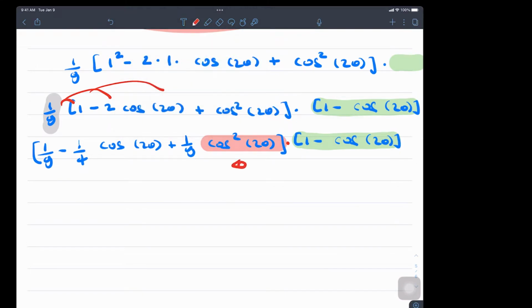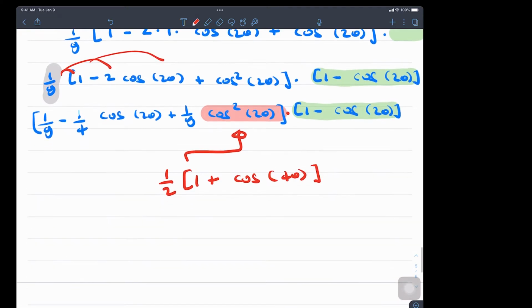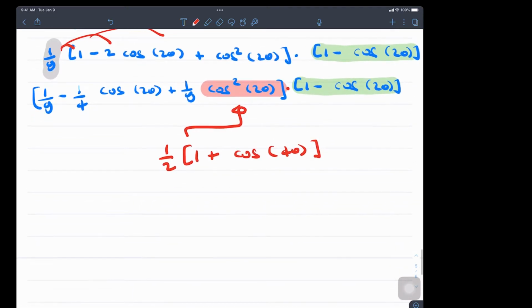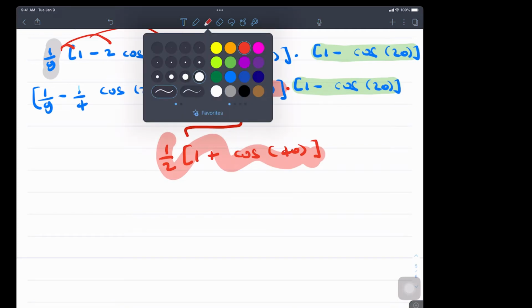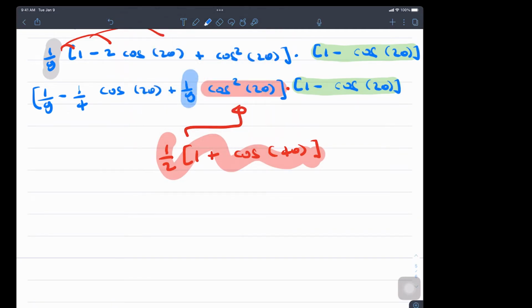What are we going to replace that with? 1/2 times 1 plus cosine 4 theta. Now this is in red. Don't forget, though, what's happening here: 1/8 is being multiplied to it.